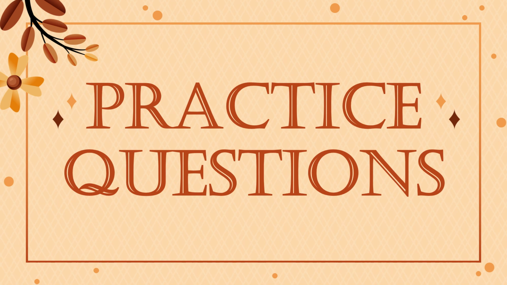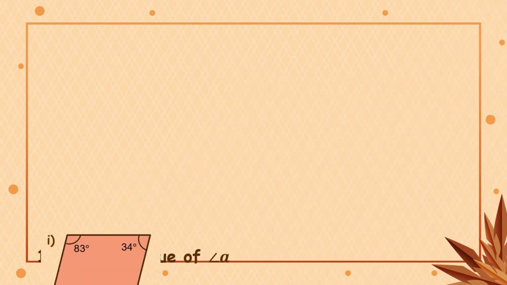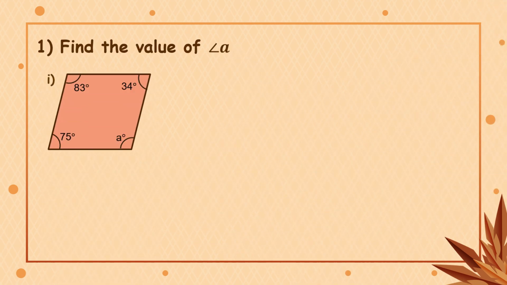Yes, let's solve some practice questions. Our first practice question, again a similar type of question to what we just saw. Find the value of angle A. A quadrilateral is being given.